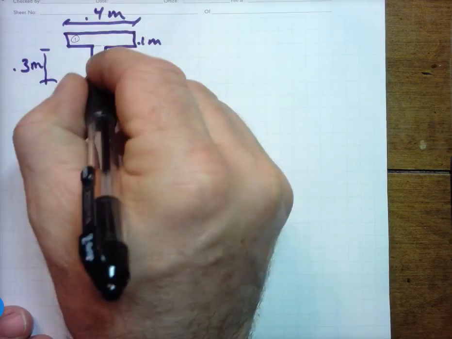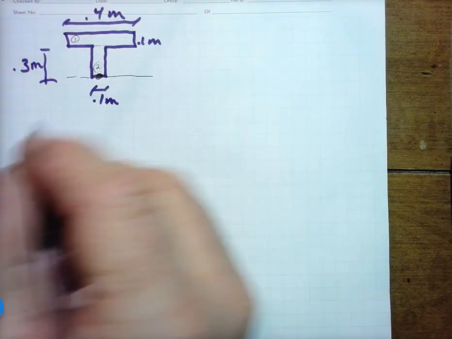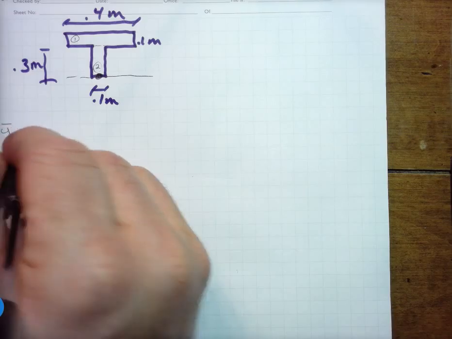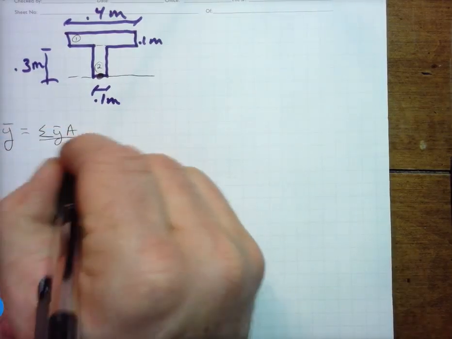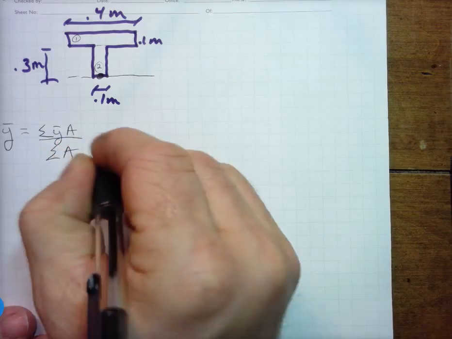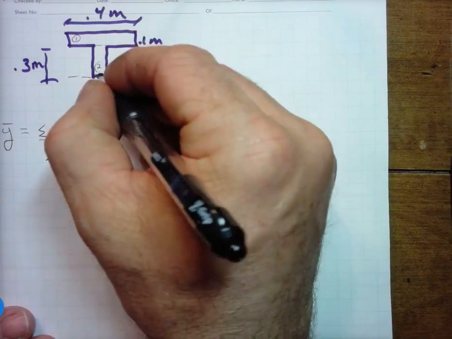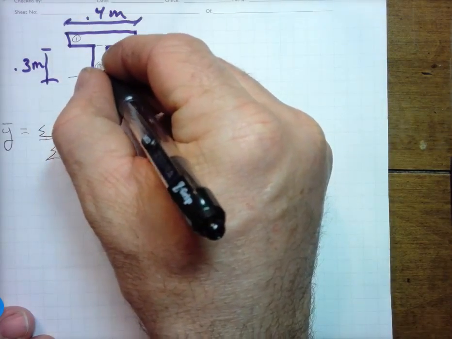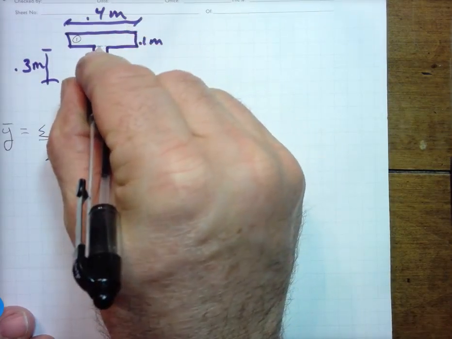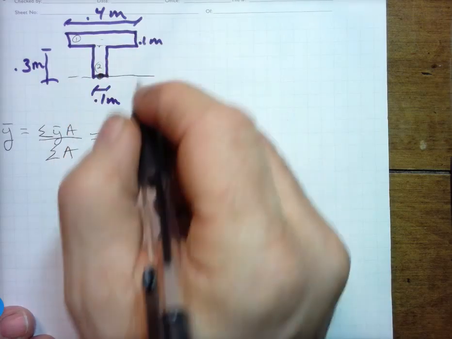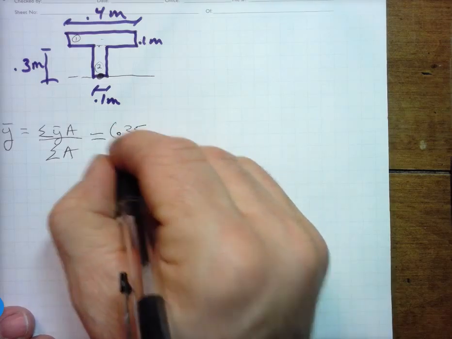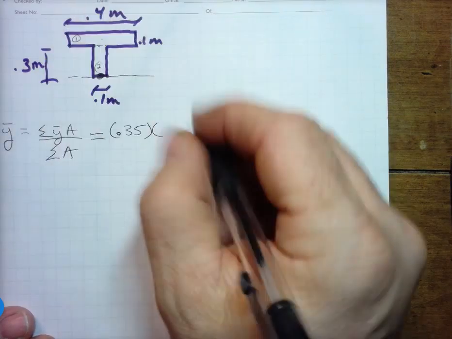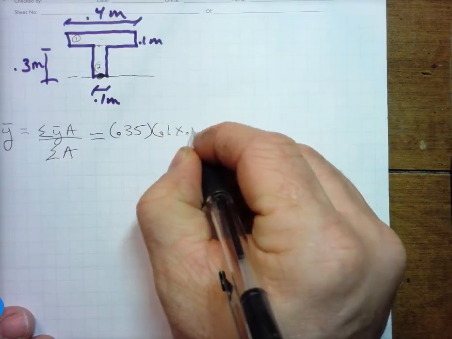We'll call this piece 1 and this piece 2. And y bar equals the sum of y bar A over the sum of the areas. Well, for piece 1, its distance from here is 0.3 and half of that, so 0.35, and its area is 0.1 times 0.4.